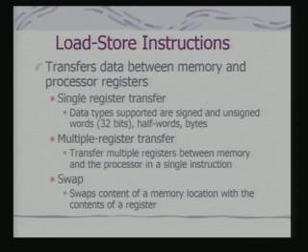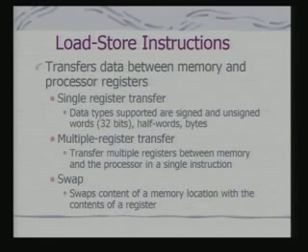We shall first look at load store instructions. Now, ARM is an example of RISC architecture. So basically, memory access is through load and store. And these load store instructions are therefore for data transfer between memory and processor registers. There are three basic types of load store instructions: single register transfer, multiple register transfer, and swap.